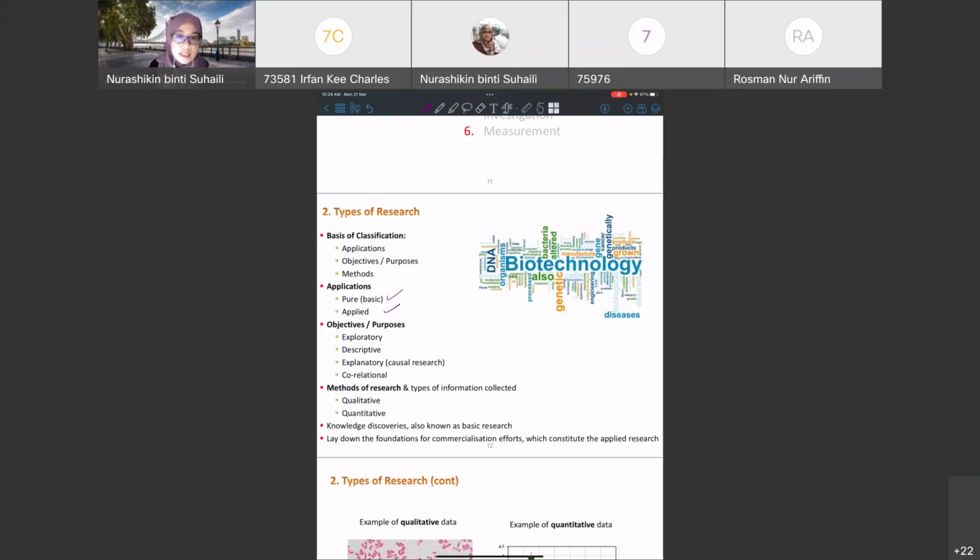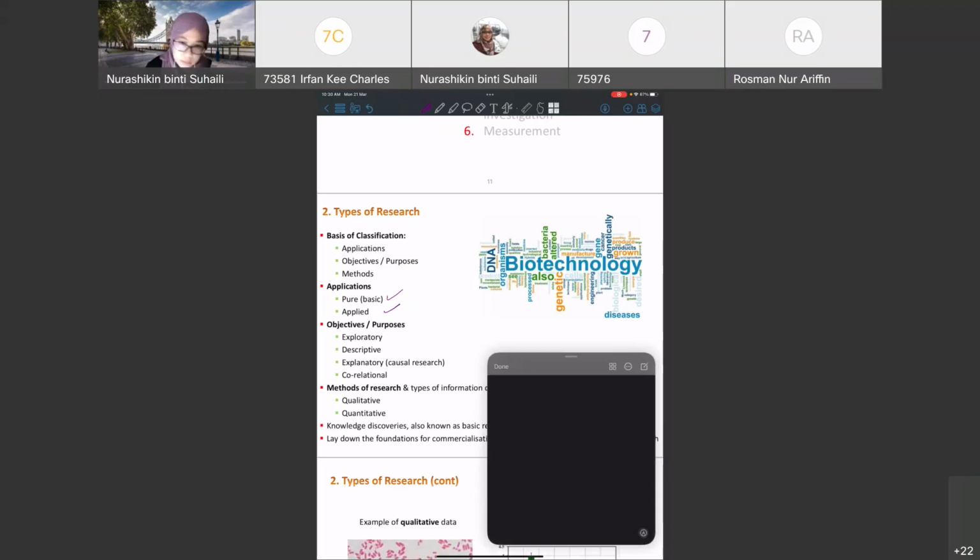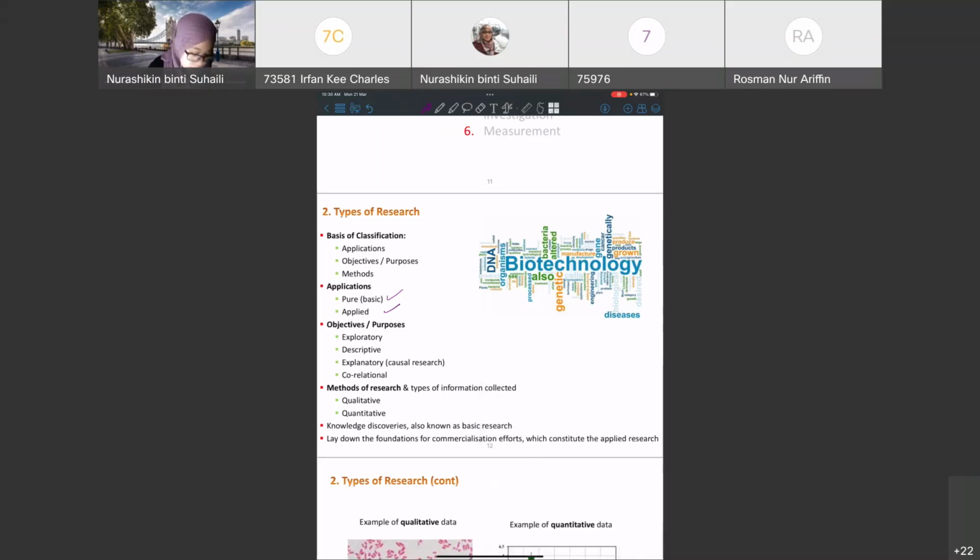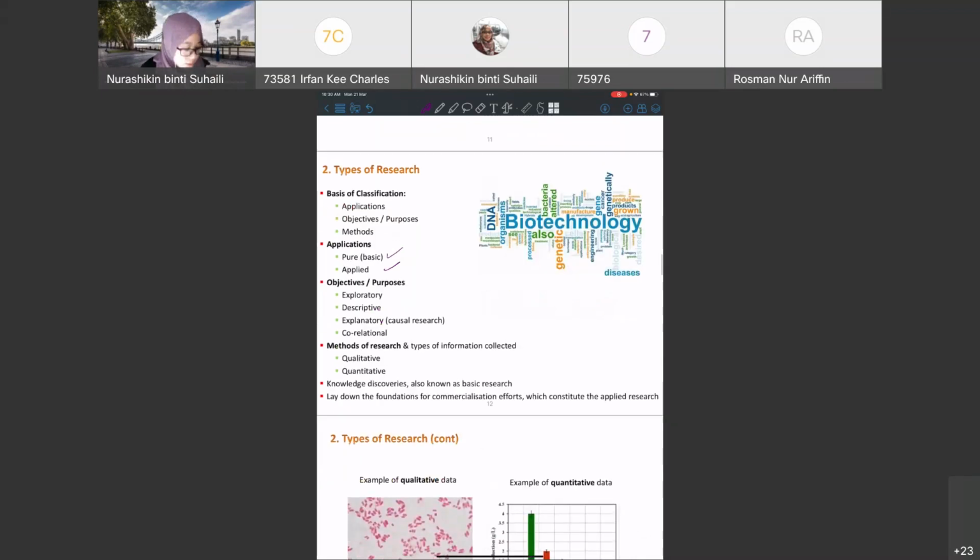Basic tu adalah basic lah, benda yang basic saja. Kalau applied ni, you study microbiology, you nak apply it for certain application. You want to produce genetically modified organism, untuk apa? Produce lots of products. Itu application, okay? So you have to know your field better.